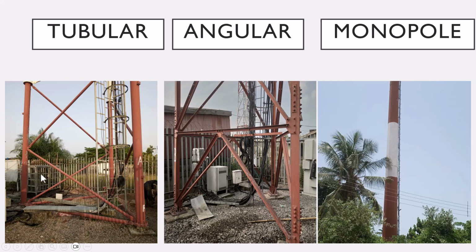So this is our tubular tower. Our diagonals here are also tubular. Then this is our angular lattice, right? The legs, diagonals, horizontals, and everything are all equal angles or double equal angles. So these are our angular lattice, our monopole, and our tubular sections.